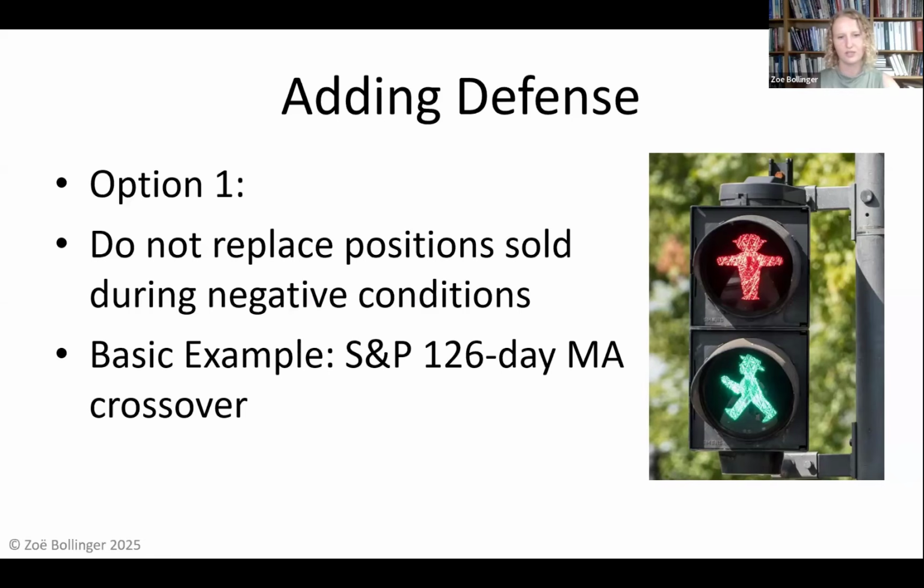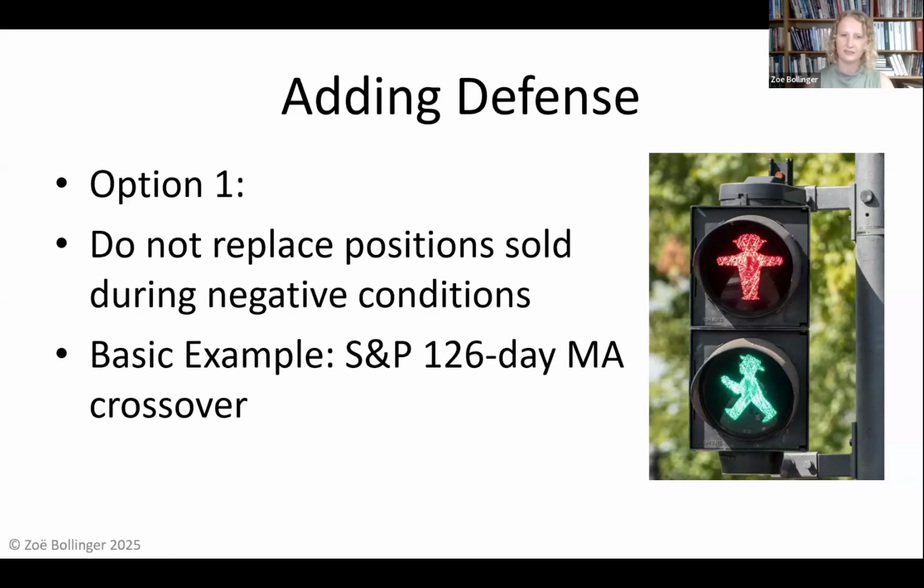This first approach is the idea that if you're in a really bad time, let's just phase out. Keep stuff as long as it's strong, but if it becomes weak, let's sell it and not replace it until things get better.